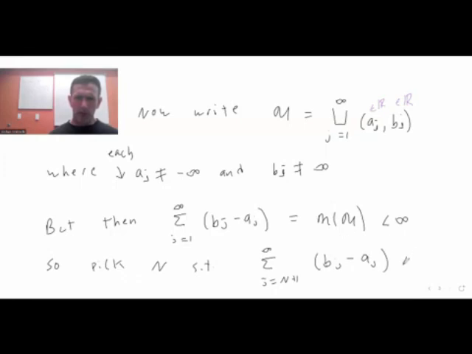So this can be made less than epsilon. Okay, so that's useful. Yeah, so why is that useful?